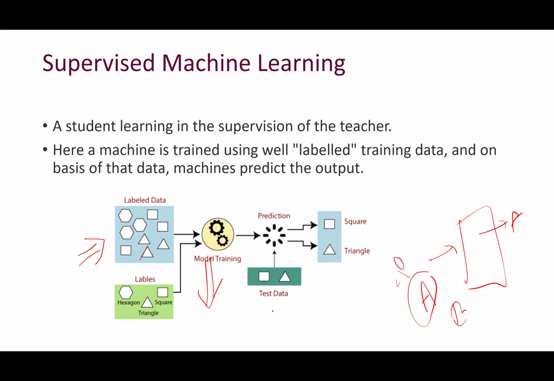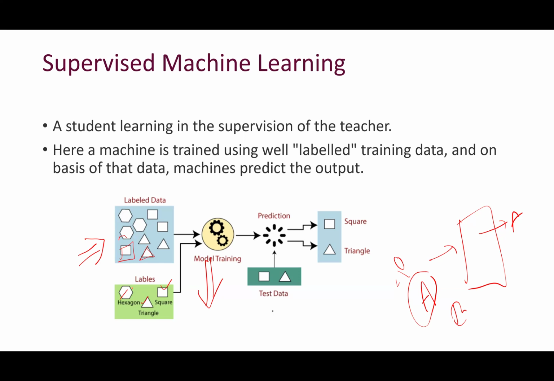If the shape has three sides, it is a triangle. If it has four sides, it's a square. If it has six sides, it is a hexagon. You are telling the machine these are the labels of these objects, so that the machine understands that if it has four sides, it is a square, and if it has three sides, it is a triangle.